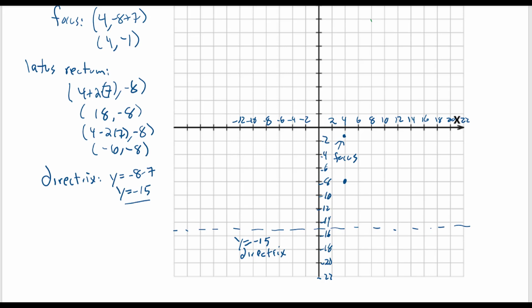Okay. What else do we need to have? The latus rectum is going to go through the focus, so it is at, oh, this should be at negative 1. Okay, because it goes through the focus, not through the vertex. So 18, negative 1, excuse me, and negative 10, negative 1.